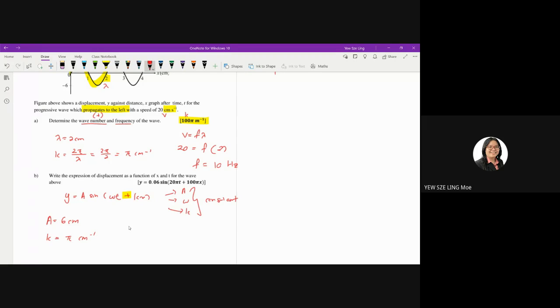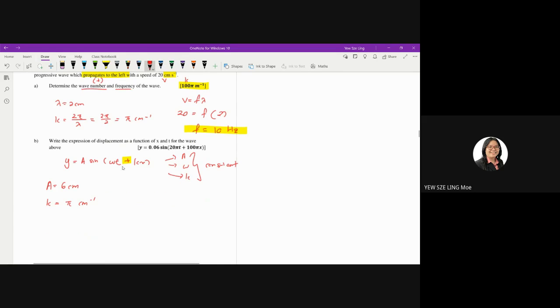But can we calculate omega? Yes, we can. Why? Because we already have the frequency in question a. Frequency and omega, they are one family. So from here, you can determine the value of frequency. So omega equals 2 pi f, which is then equal to 2 pi times 10. So omega equals 20 pi radian per second.